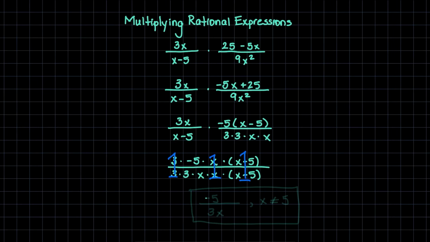That leaves me with negative 5 in the numerator, 3x in the denominator. I have to acknowledge the things that simplify to 1. Now, because I still have an x in the denominator, I don't have to acknowledge the x that simplified, but I do have to acknowledge that x cannot equal 5 because a factor of x minus 5 simplified to 1. And this is our final answer.